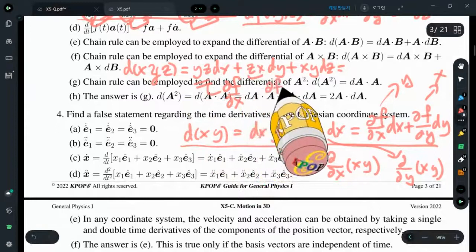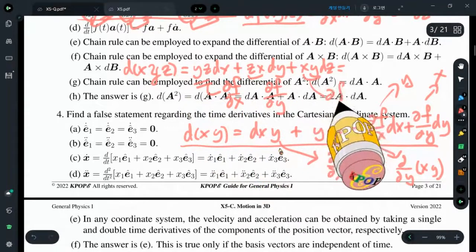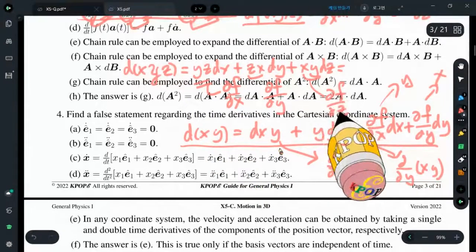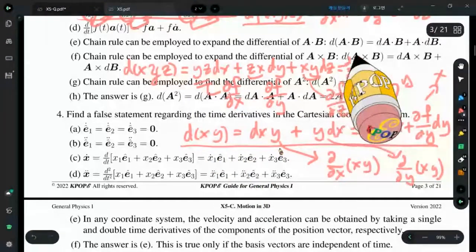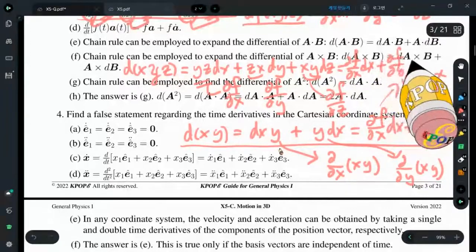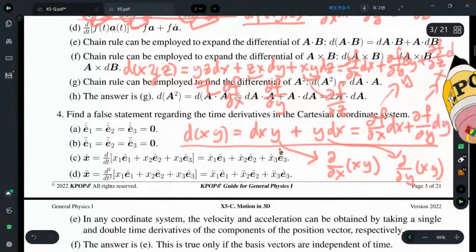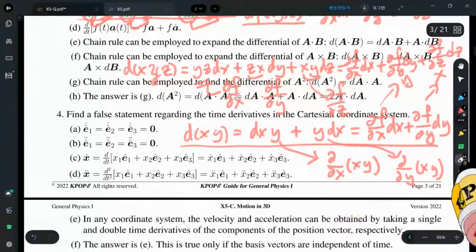This is the partial derivative with respect to y. This is the partial derivative with respect to z. All right, so everything is clear.